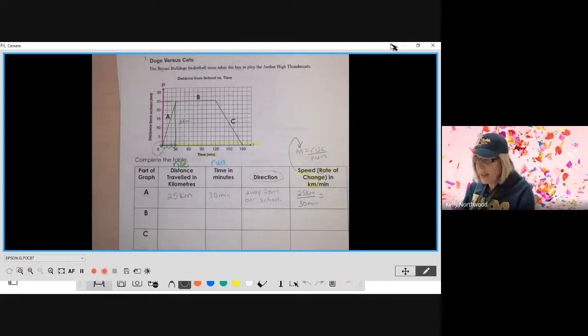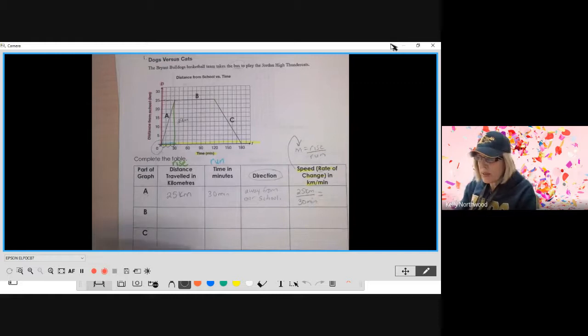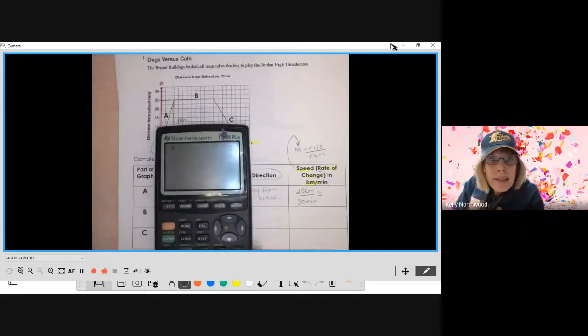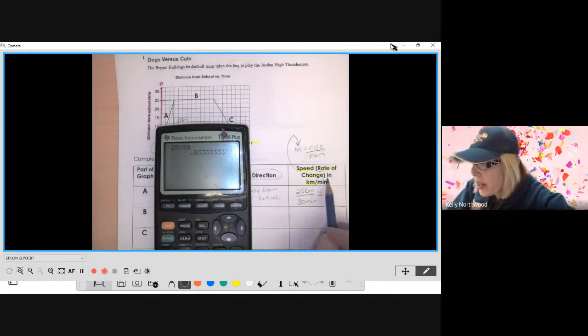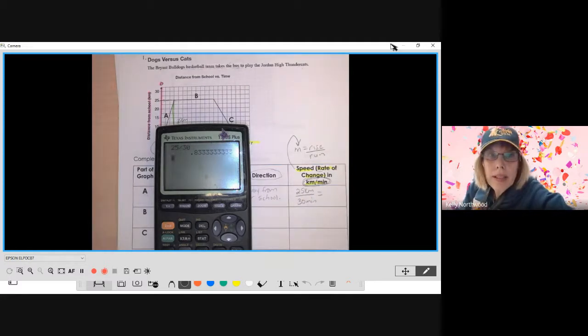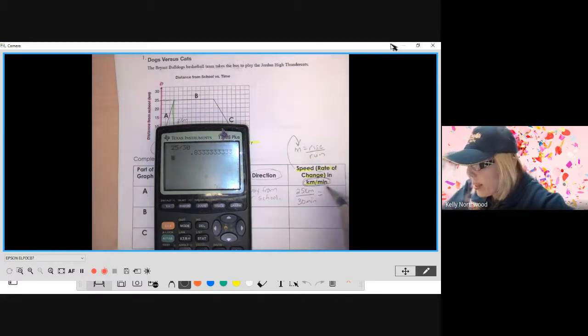We have to fit our calculations into a chart, so write as small as you can while still getting your point across. And you notice often they'll tell you in the chart what units to use for your speed. So it says in kilometers per minute, which isn't a common unit that you would use, but that's what they tell you to use.